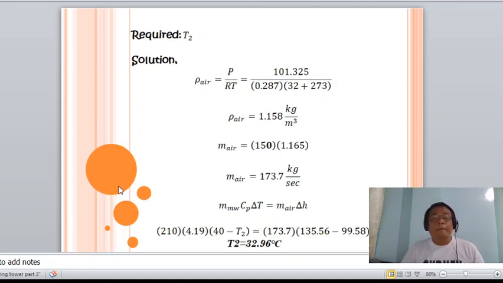Therefore, the temperature of water leaving the cooling tower is 32.96 degrees Celsius. Okay? So, this is easy.